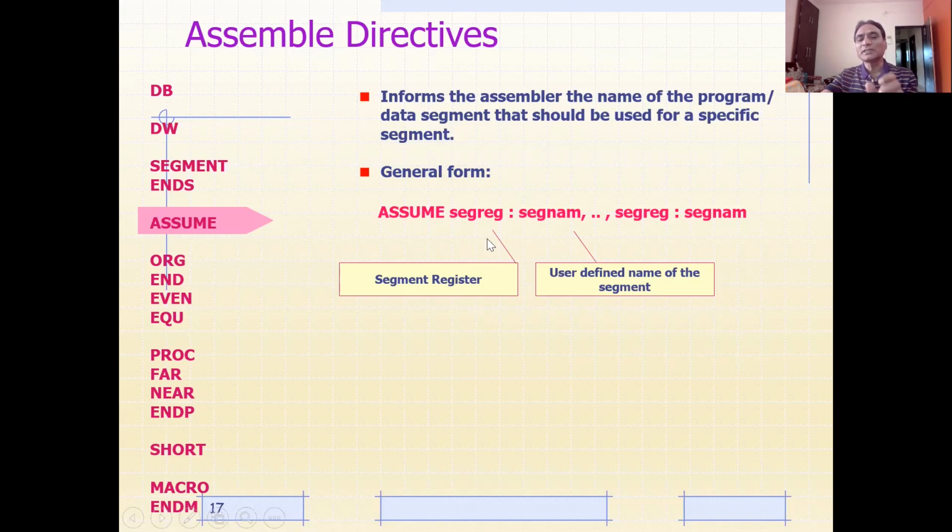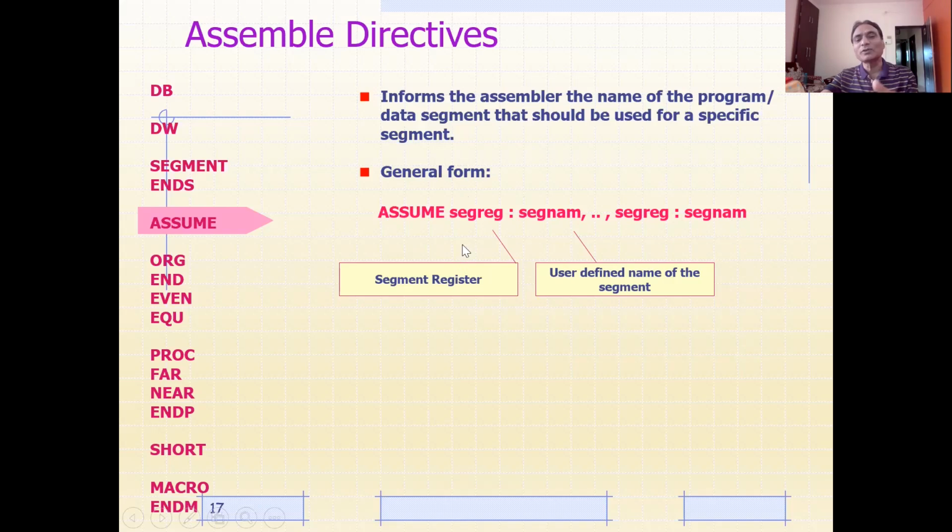For example, ASSUME CS:CODE, DS:DATA. It means the code segment name is going to be CODE and the data segment name is going to be DATA. Whenever we use ASSUME, we are directing the assembler that the name of the code segment is CODE and the name of the data segment is DATA.